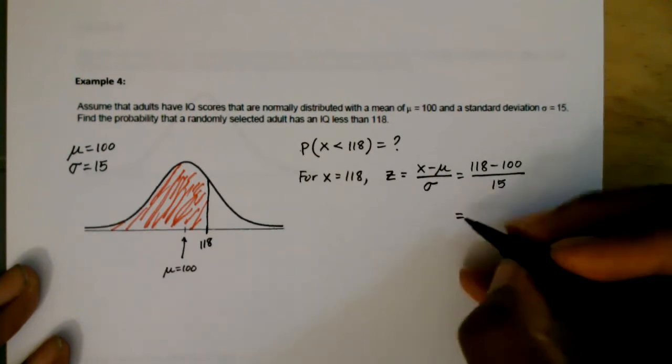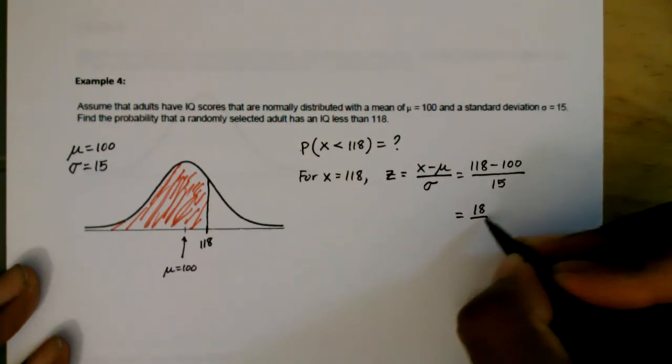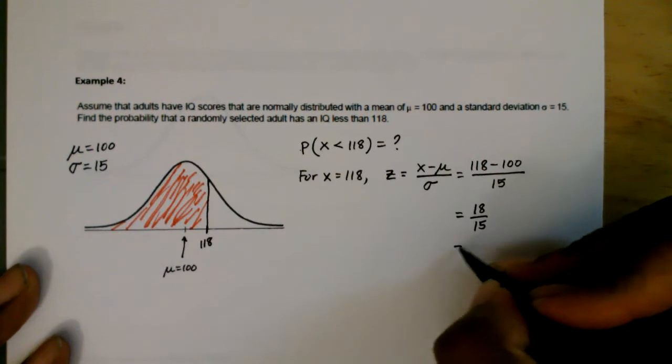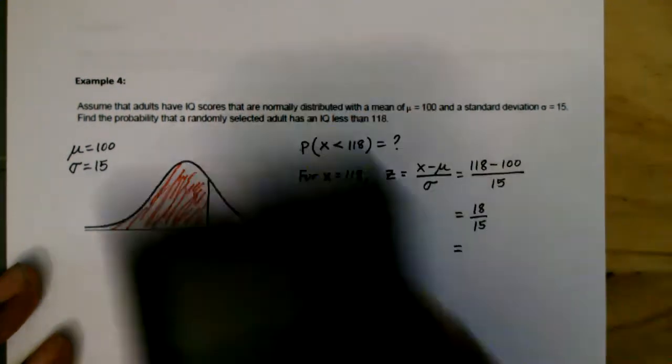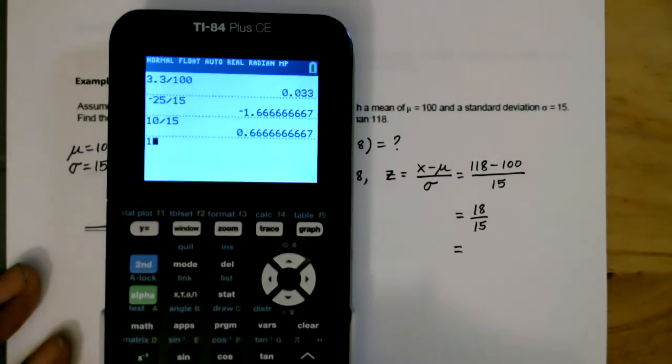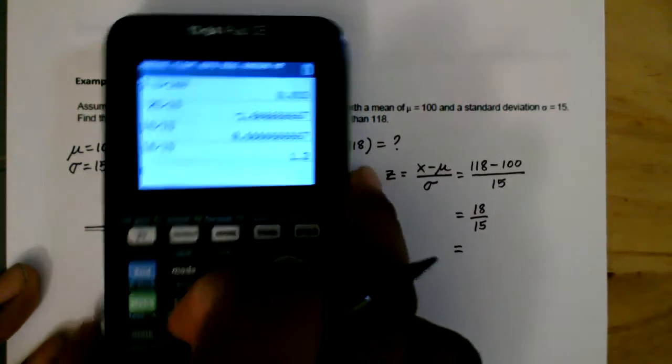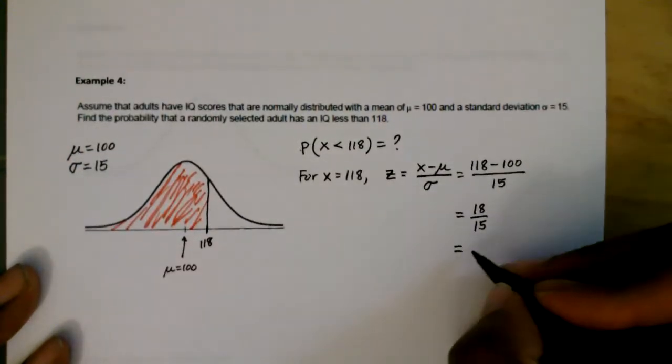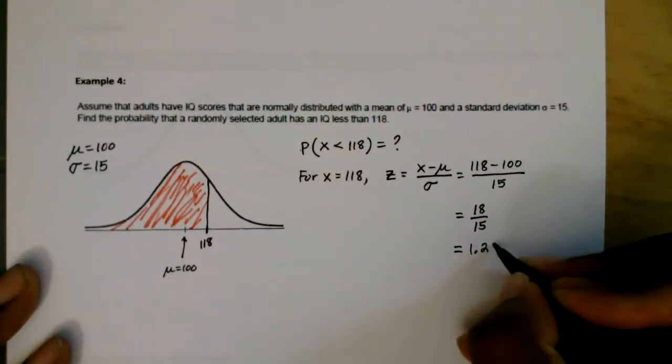So 118 minus 100, that's 18. And 18 divided by 15, if we carry this out to 2 decimal places, is 1.20.